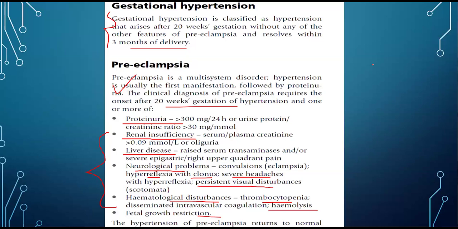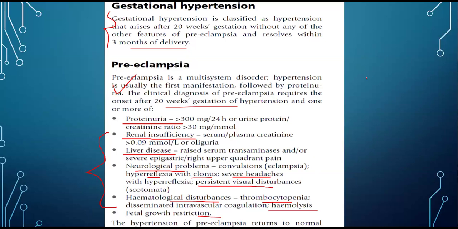Features of impending eclampsia are persistent headache, blurring of vision, epigastric pain or right upper quadrant pain. Also the tests can be positive, like they can have high ALT, AST, they can get hyperreflexia, they can also get thrombocytopenia. So all will be positive in an impending eclampsia patient.